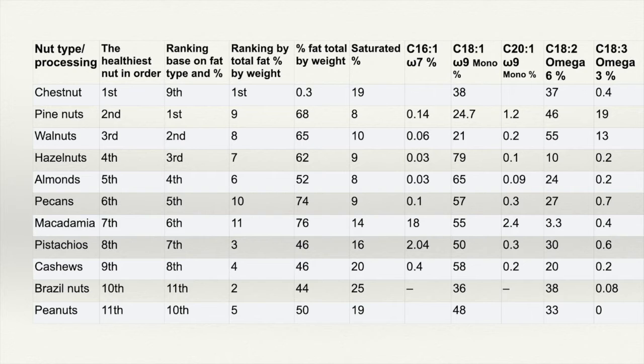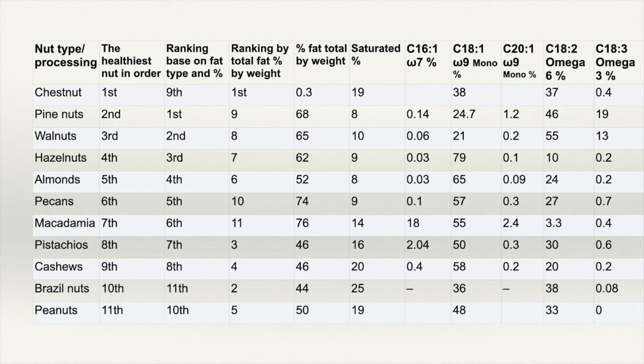Walnuts are the second highest in omega-3. Hazelnuts are good because they have the highest amount of the monounsaturated fat in them and a fairly low amount of the omega-6 fats. They're 79% monounsaturated fats. Almonds and pecans are also fairly high in the monounsaturated fats.